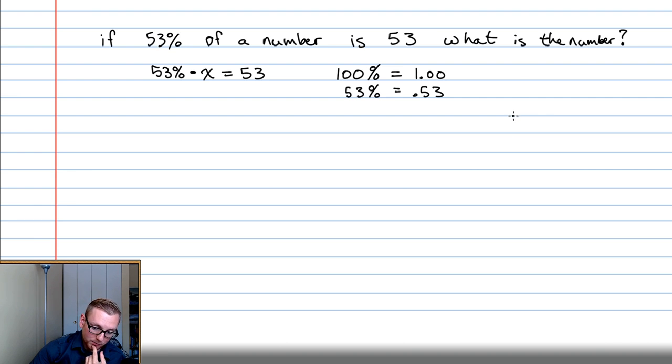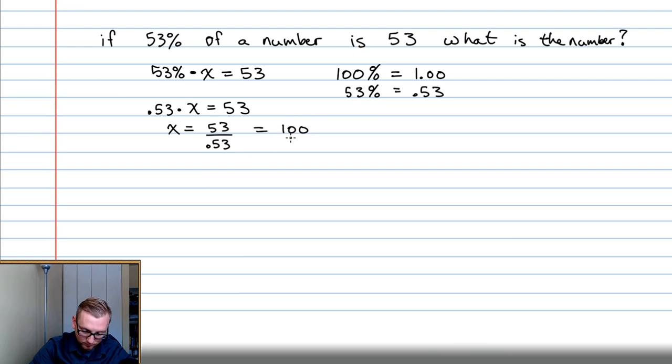Percentage is just move the decimal place 2 places. So this is 0.53 times x, which equals 53. So let's divide. So x equals 53 divided by 0.53, which gives us 100. Okay.